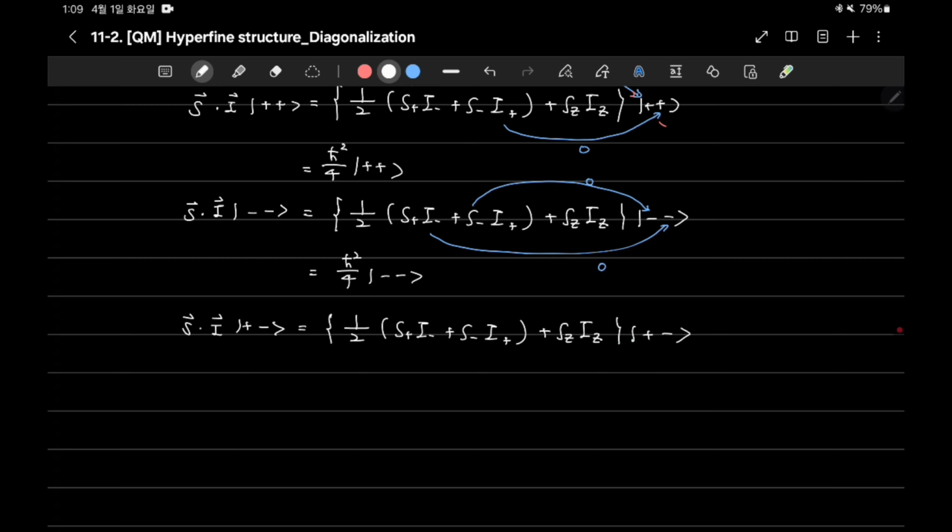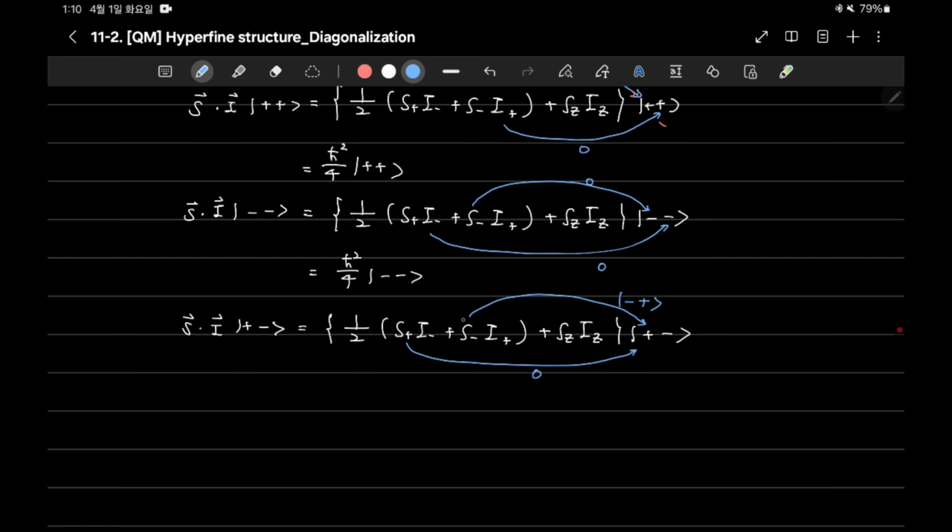Here s plus applied to here makes 0, and also here s minus applied to here makes minus, and i plus makes plus.